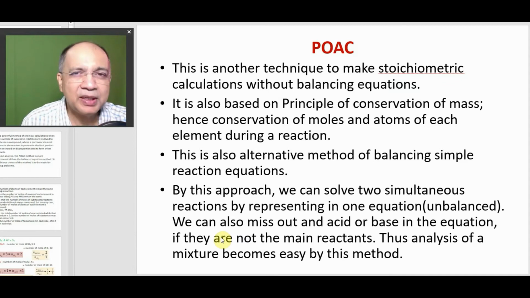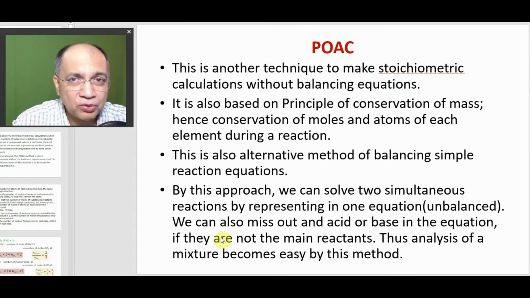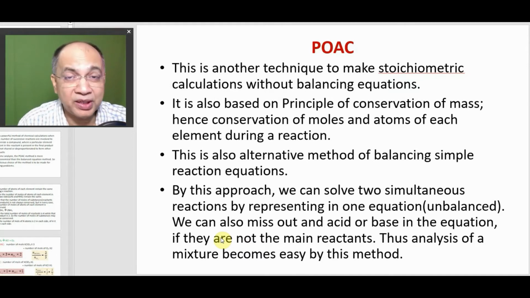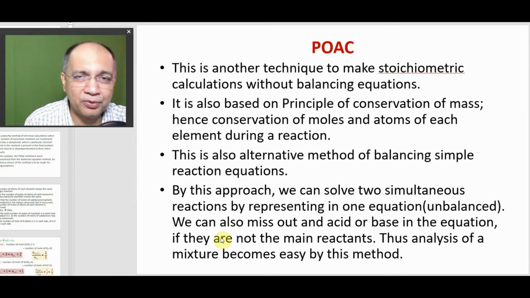For example, you have a sample of calcium carbonate, magnesium carbonate. Earlier, we were writing two different equations, one for the decomposition of calcium carbonate, other for magnesium carbonate. And when we were analyzing the sample, we were taking x and 1 minus x or 2 minus x.